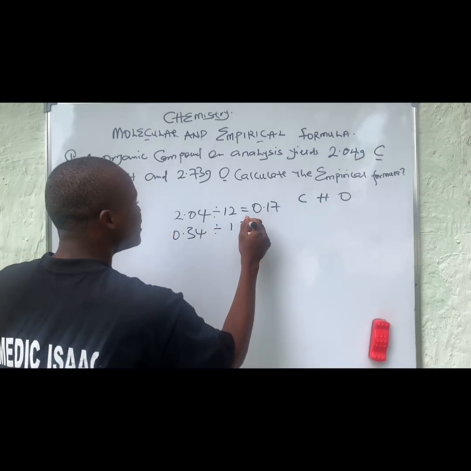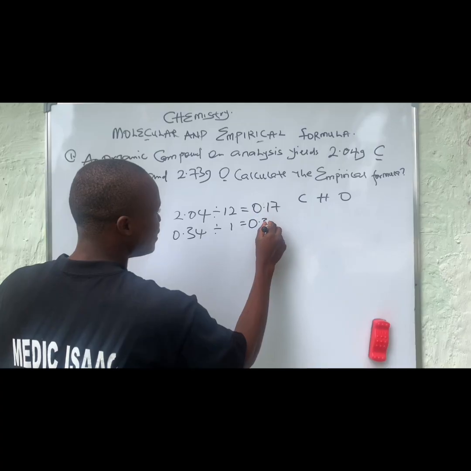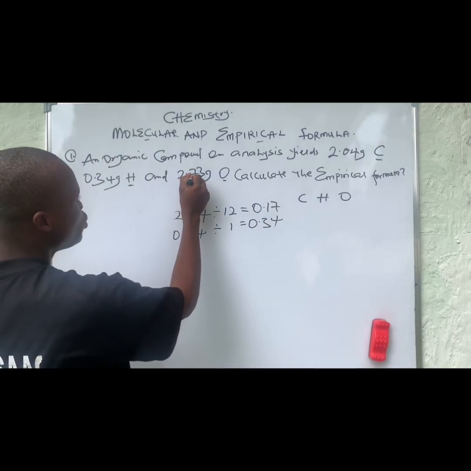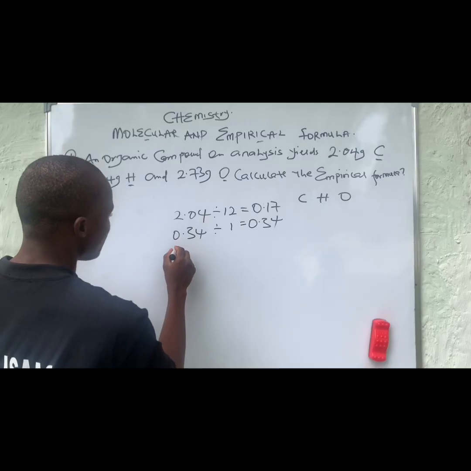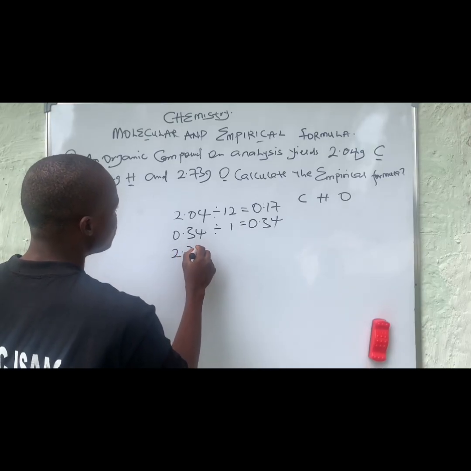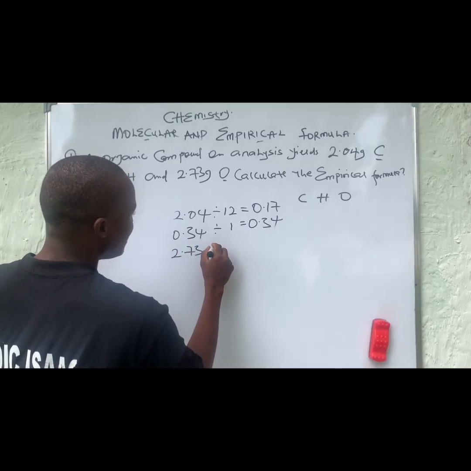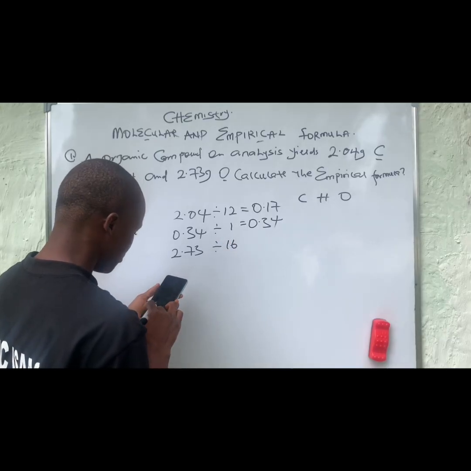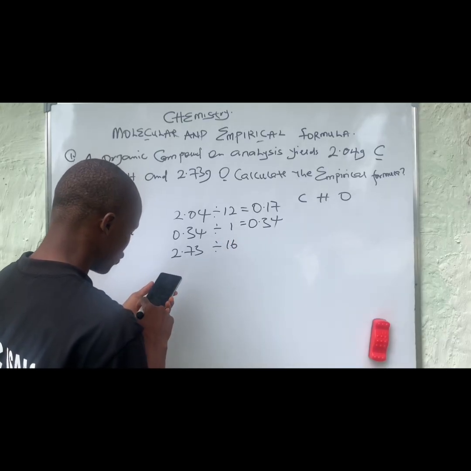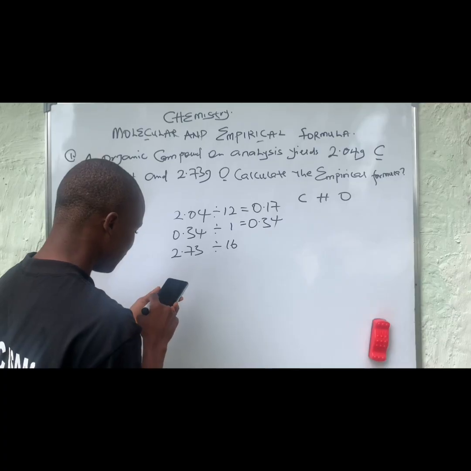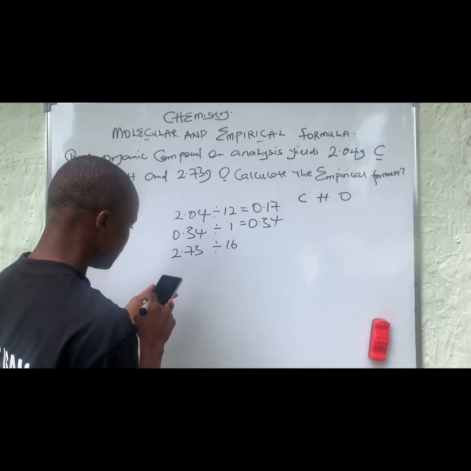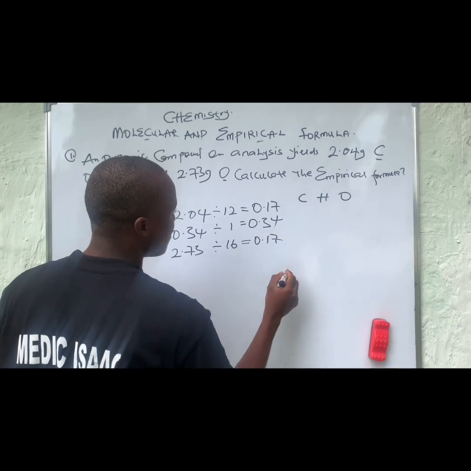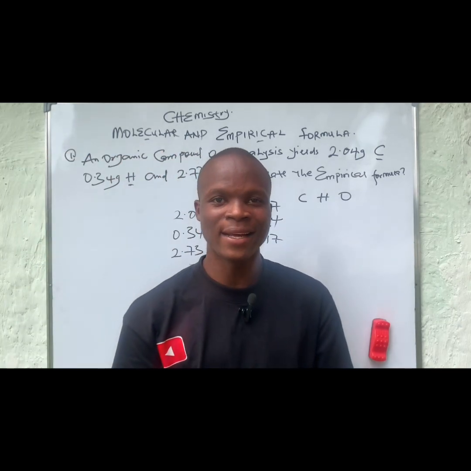It will give us 0.34. The next thing you are going to do is do it for oxygen also, which is 2.73 divided by 16. Let's calculate that, but I think it's 0.17. 2.73 divided by 16. Yeah, it is 0.17. When you do this, what is the next thing you have to do?